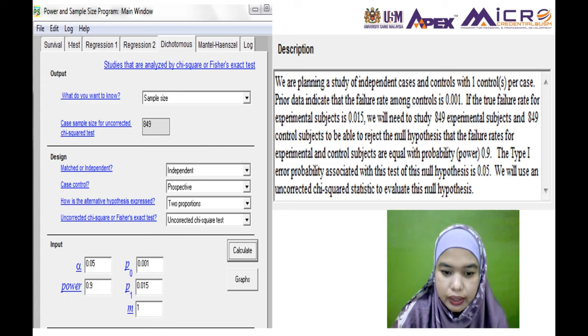Click the calculate button here and you will get a sample size of 849.